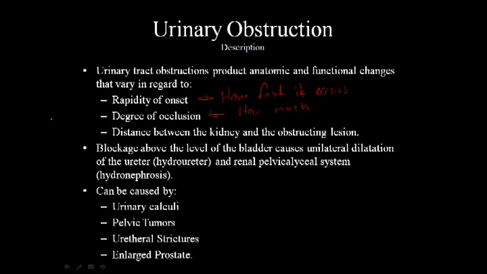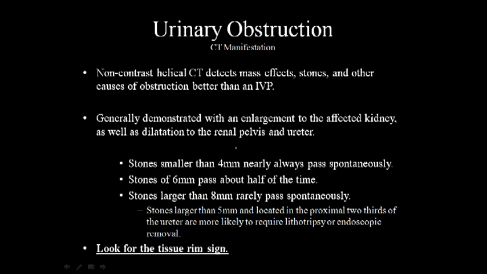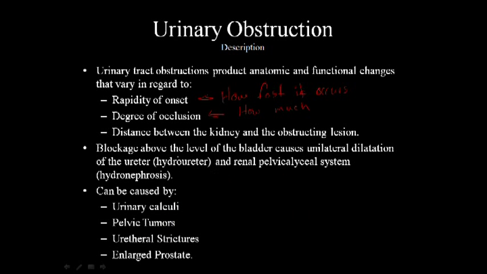And so if you are slightly above the level of the bladder, just like we saw with our previous image, we saw that we had pretty much dilation of the ureter, and that's why we call it hydroureter. And so if you're looking at dilation of the pelvicalyceal system, then basically it's hydronephrosis, and all of these things are typically what we're looking for.